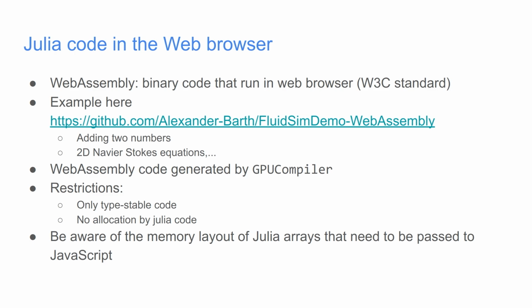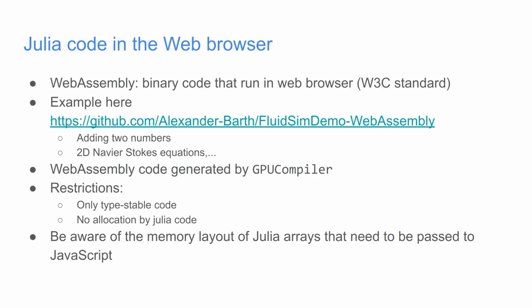And so LLVM, the compiler on which Julia is based, can produce WebAssembly. So in theory, you can go from Julia code to WebAssembly that can be run in the web browser. And so for this, I use the package which is called GPUCompiler.